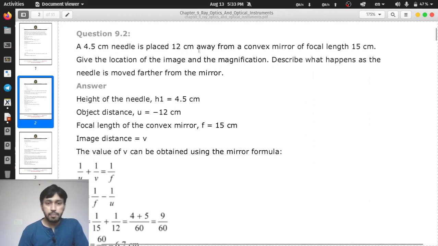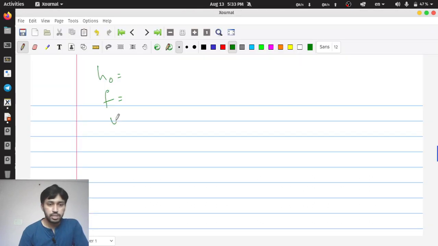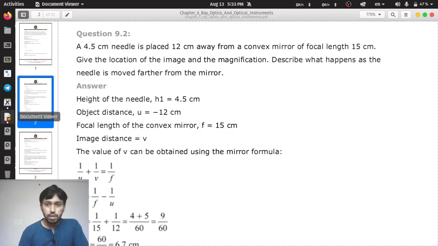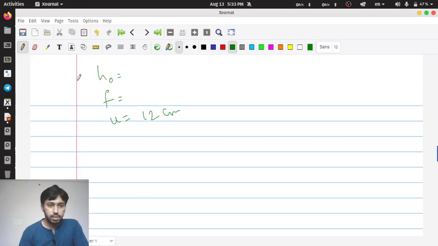The object is placed at 12 centimeter away, so this is the object distance, which is also given. It is 12 centimeter, and the focal length is 15 centimeter, and the object height is 4.5 centimeter.